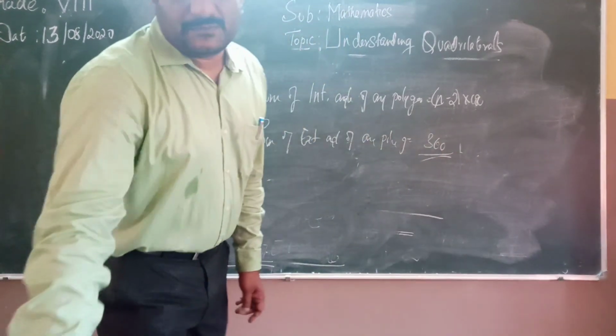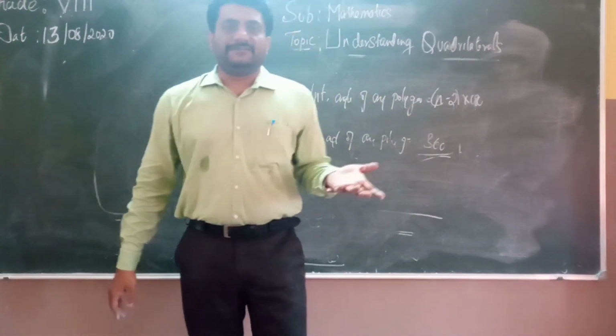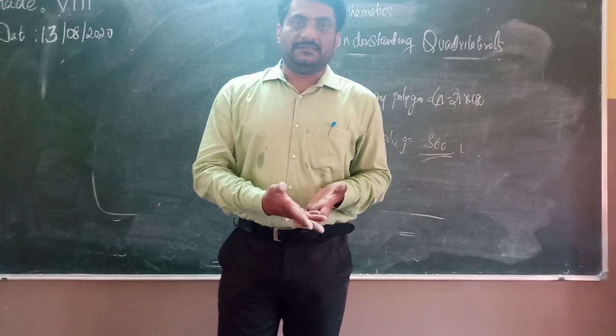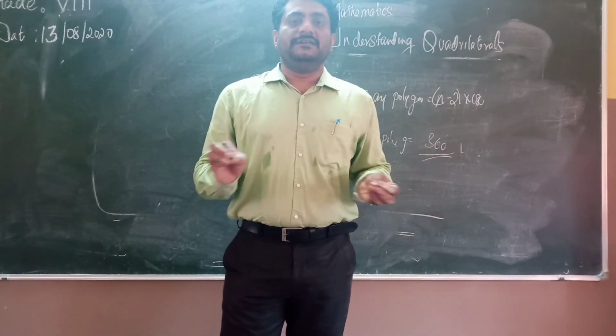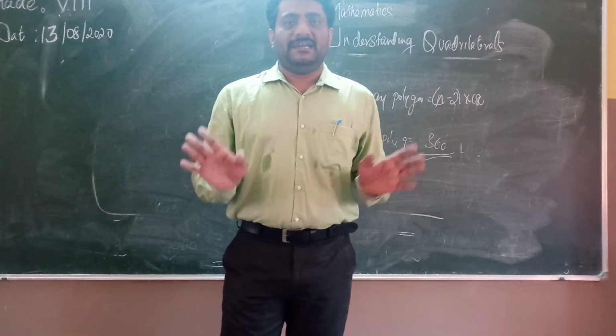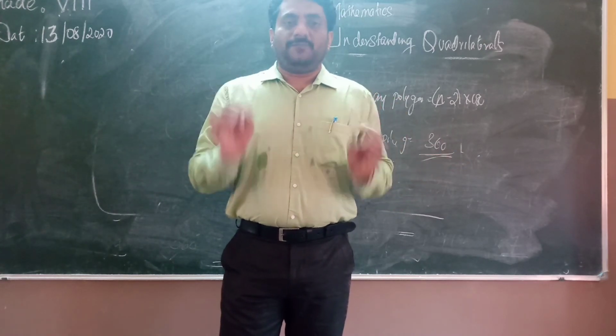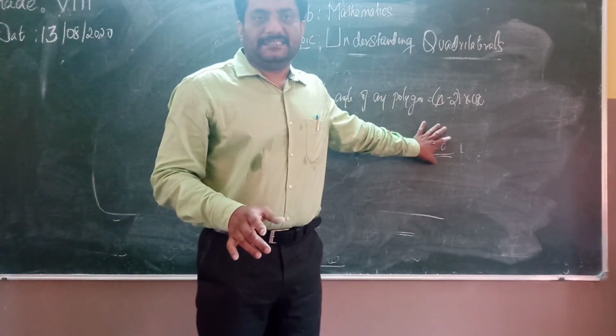Now whatever the 360 which we got, if you try for a hexagon or a decagon, it does not depend on the number of sides. However, whichever polygon you take, you will get 360 degrees.